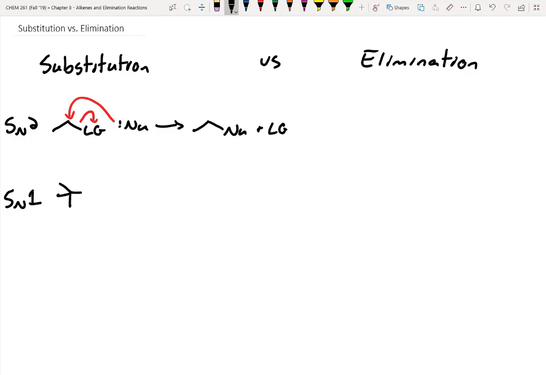SN1, it's going to be a little bit different. In an SN1 reaction, your leaving group falls off first. And then your nucleophile will attack in to give us our new product.